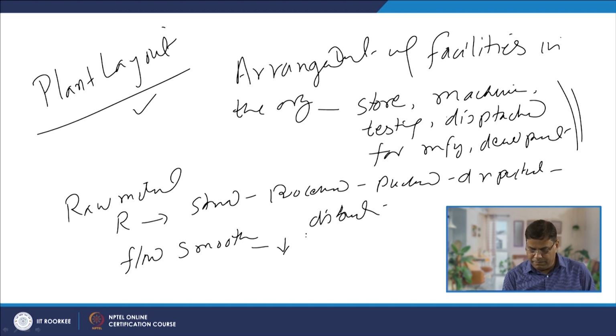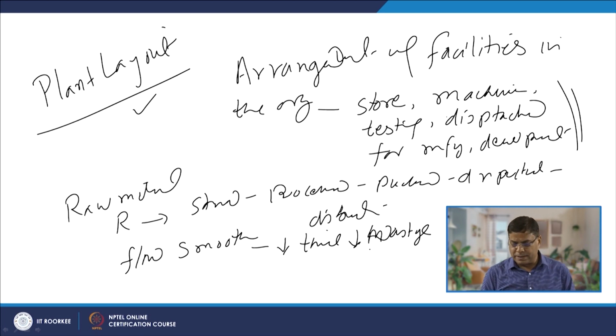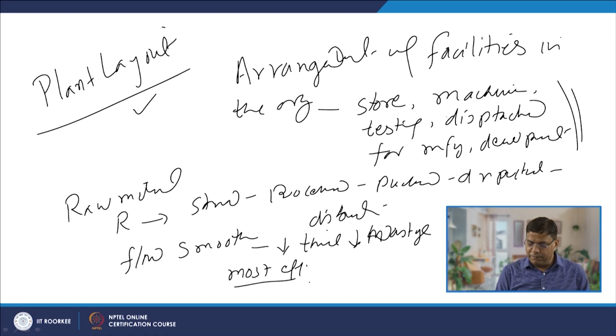There is minimum time required, and minimum wastage in unnecessary movements, unnecessary delays, unnecessary breakdowns, and the system works in the most efficient manner with regard to the use of resources like man, material, machine and all those facilities, so that the goal of high productivity can be realized.